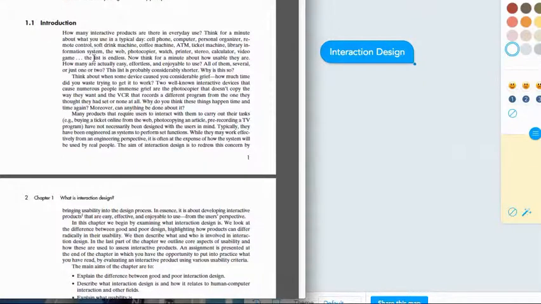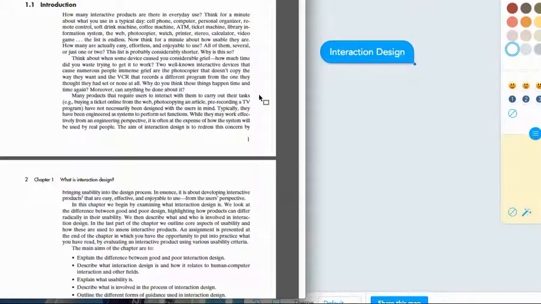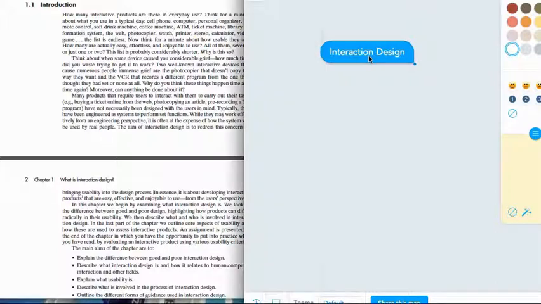As I go, I'm going to pull out things that are new information for me. So things that help me understand interaction design. So here, the aim of interaction design is to redress this concern by bringing usability into the design process. In essence, it's about developing interactive products that are easy, effective, and enjoyable to use from the user's perspective. So let's see.